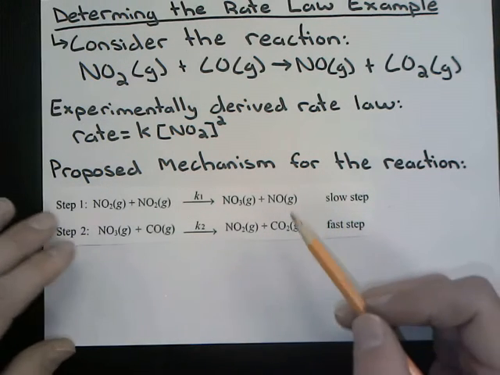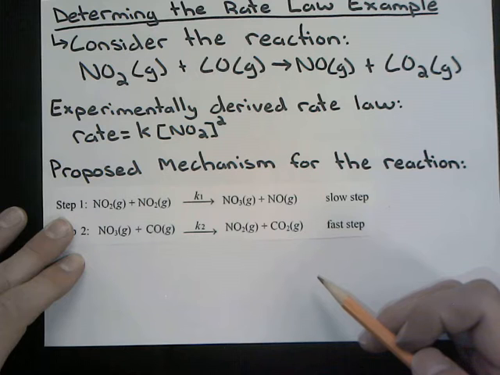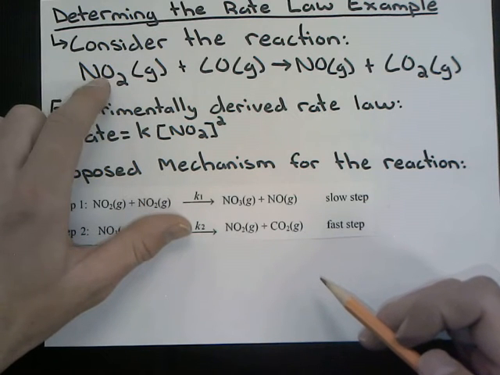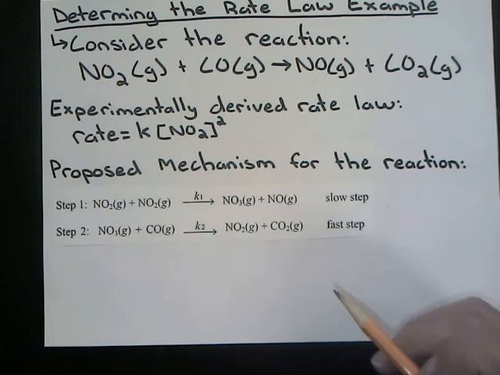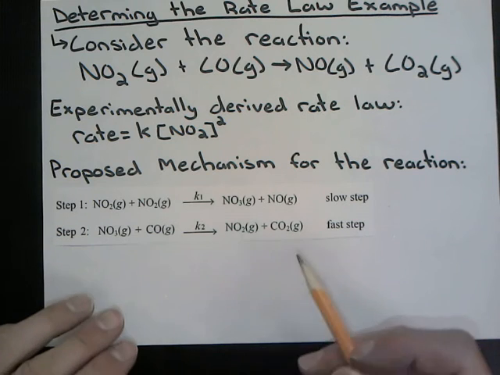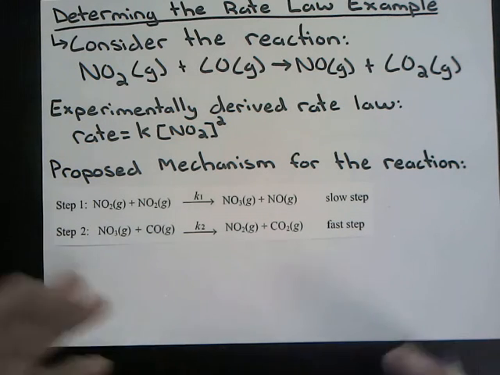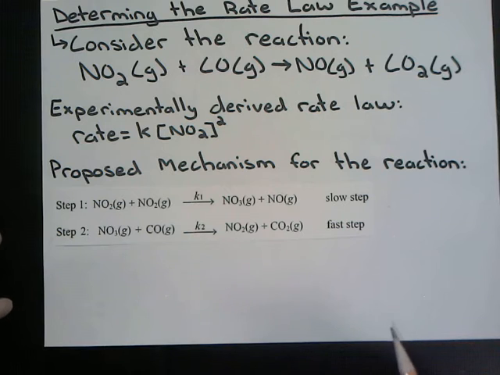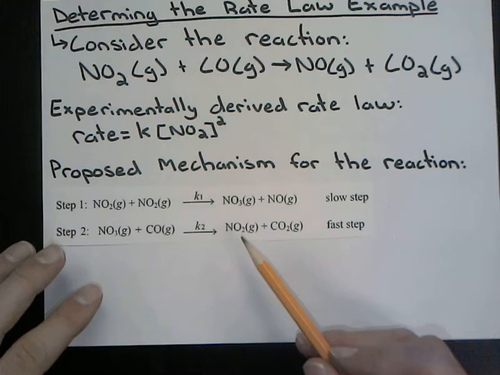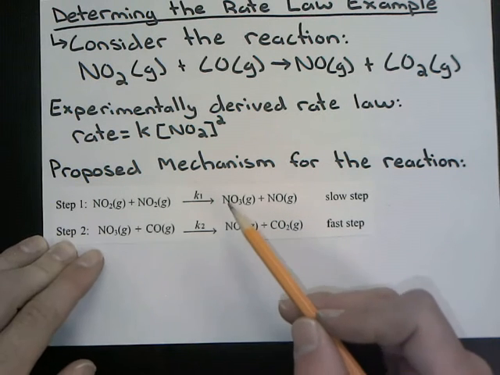So we are just going to add these equations together to make sure that they match the equation that we want. Now, this is very similar to Hess's law, if you're familiar with that. Just like in Hess's law, if a substance is on opposite sides of different equations, we can cancel it out.